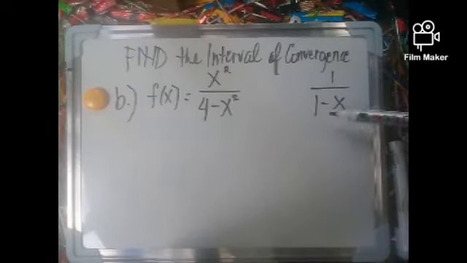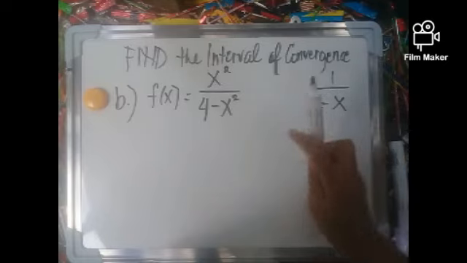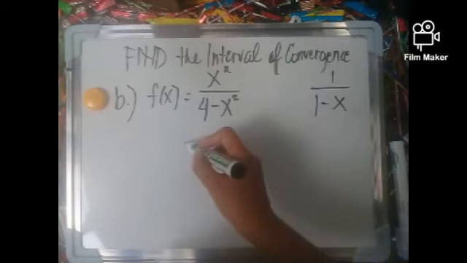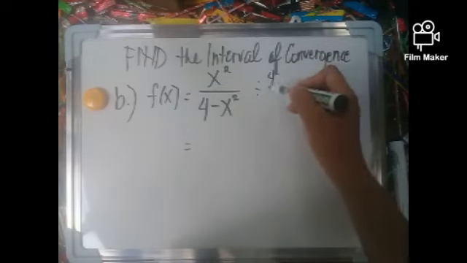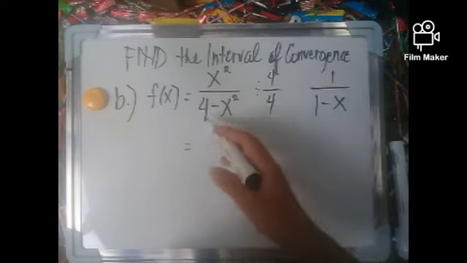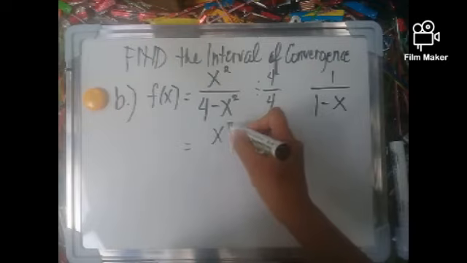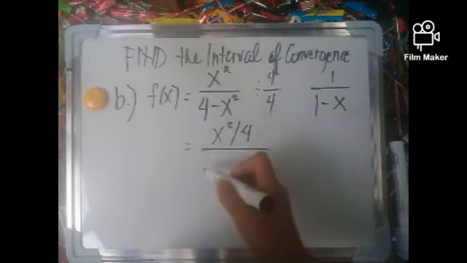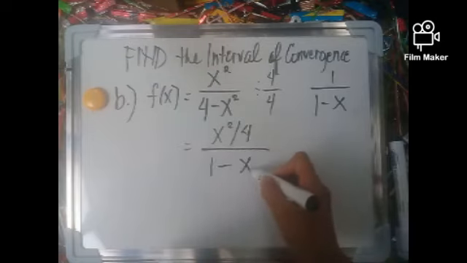Parang ang hirap. For ito, dapat ay 1, and then sa numerator ay dapat ay 1. Bakit may x squared doon? So, i-divide natin siya sa 4 para maging 1 ito. So, we have x squared over 4 all over 1 minus x squared over 4.